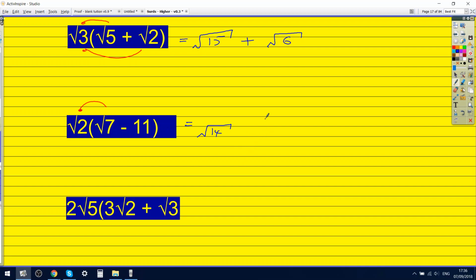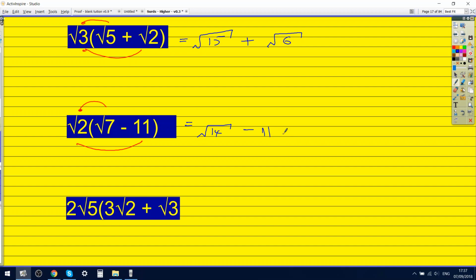The second one is, you've got to do root 2 minus 11. It's root 2 times minus 11. So wouldn't it just be that? Yes, you can't make that any simpler. You can't multiply a square root by a normal number, so how would you write it the short way? Minus 11 root 7.